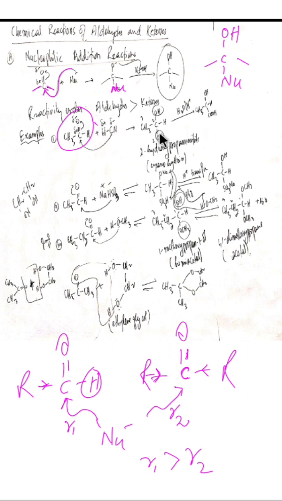So this is our cyanohydrin. This is CN. I think this is clear. This is CN, CH3, CH and the OH. This is cyanohydrin.